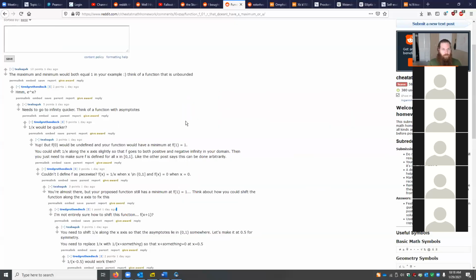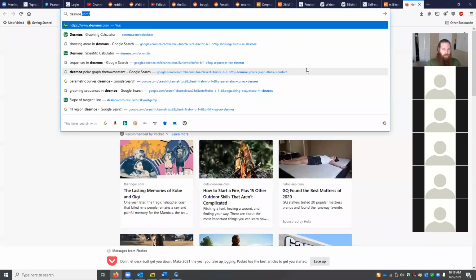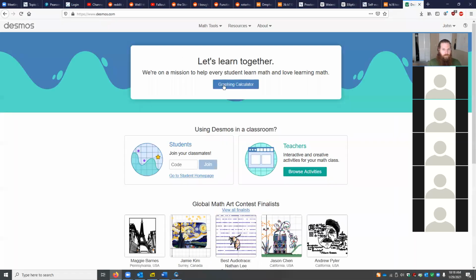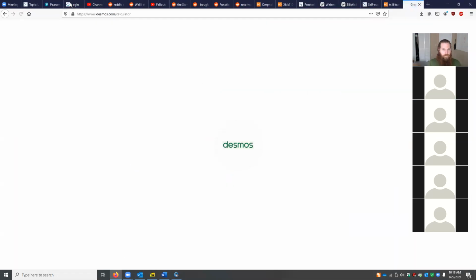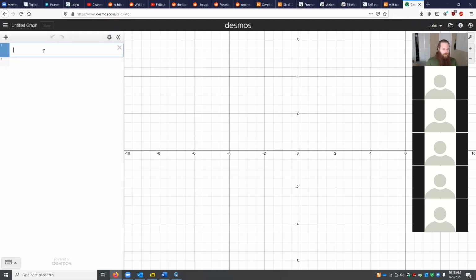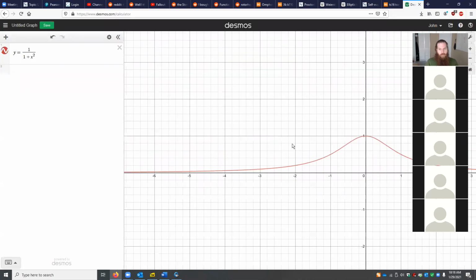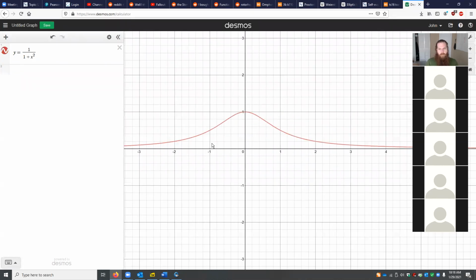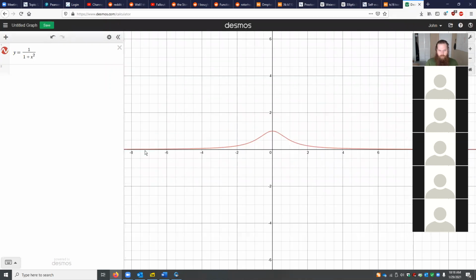You don't need to draw this. But it is a neat looking function here. It's kind of like what we call a bump function, for the obvious reasons, right? It's mostly flat, but then it's got this bump.